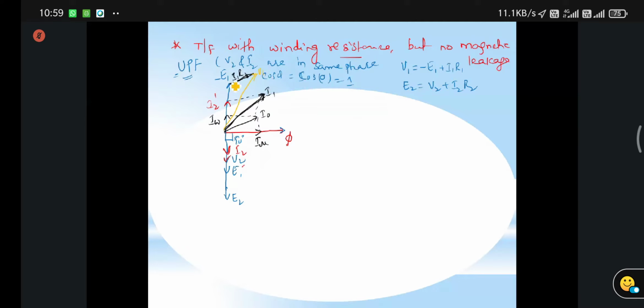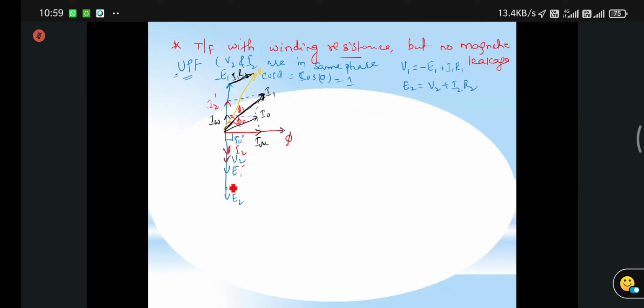Now you can write the angles here. Between V1 and I1 you get phi 1, and between V1 and I naught you get phi naught.